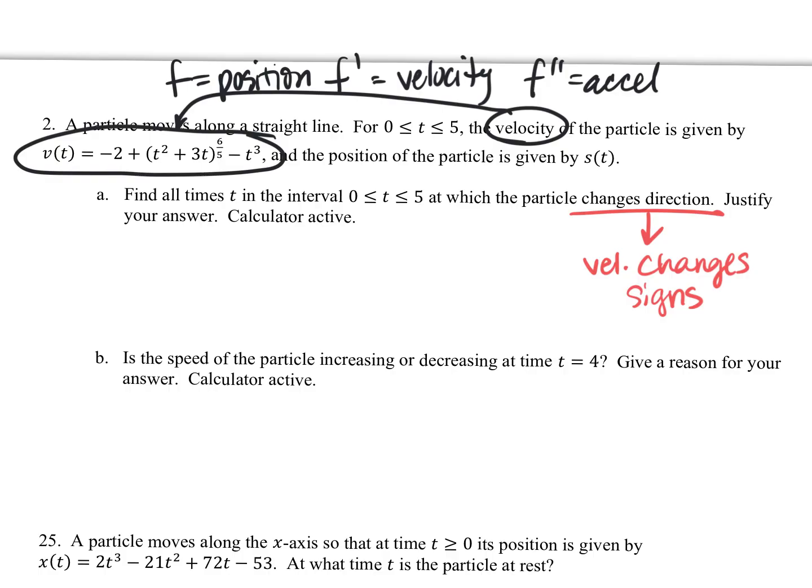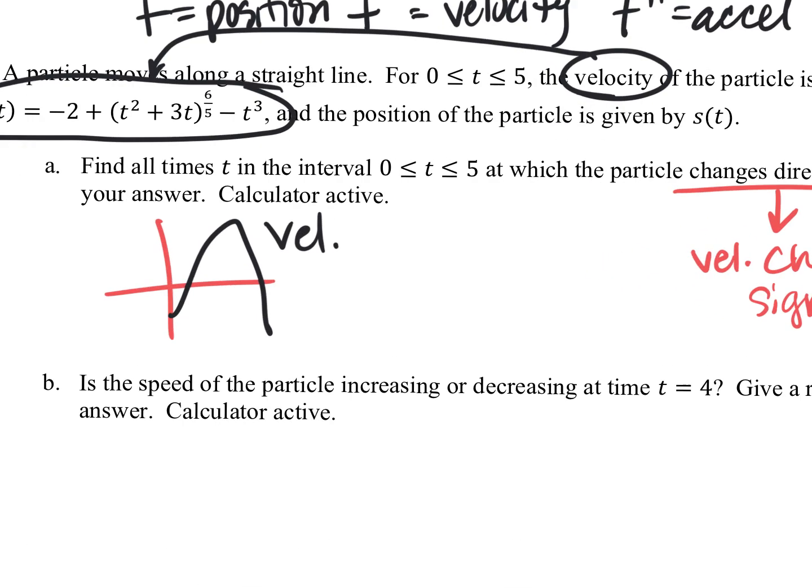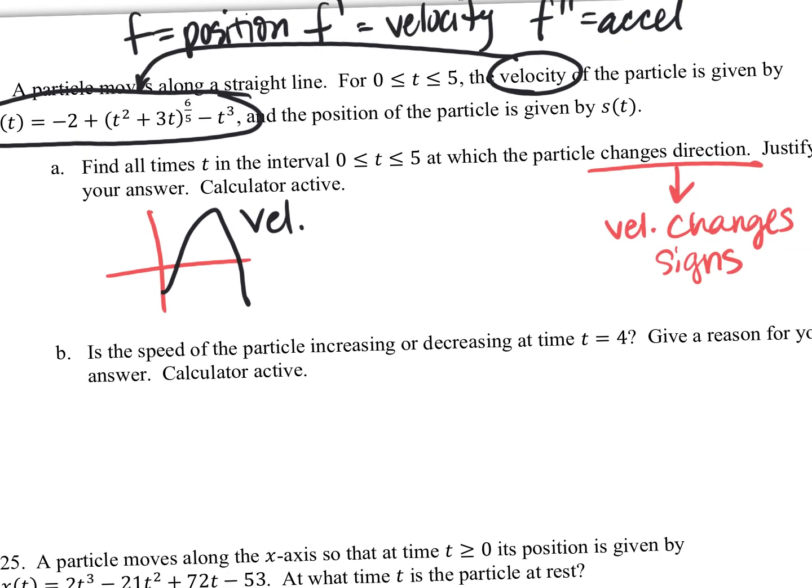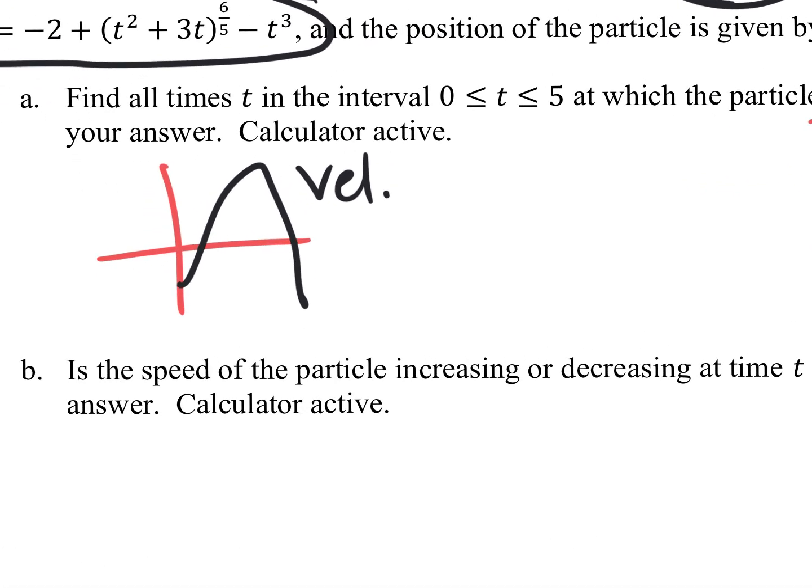Yeah. You guys, this is a graph of velocity. So if I were us, let's go ahead and say, all right, velocity looks like this. Nothing specific. And we don't need to be accurate, but I want you to draw this graph of velocity. Sketch it. When I say draw it, I mean sketch it. You guys, we said that this particle is going to change directions when the velocity changes signs.